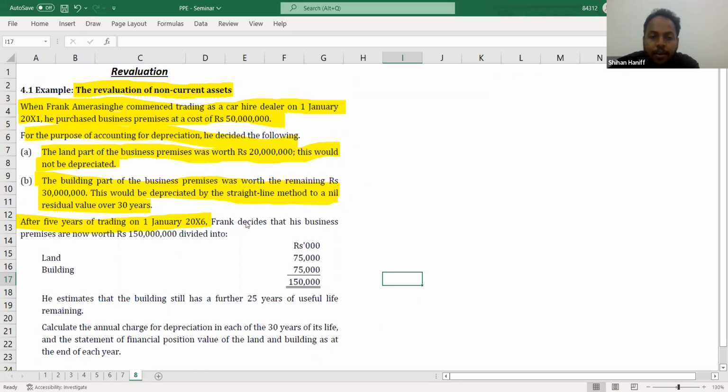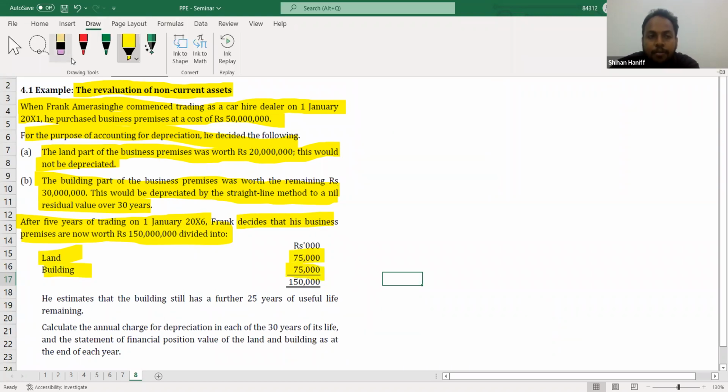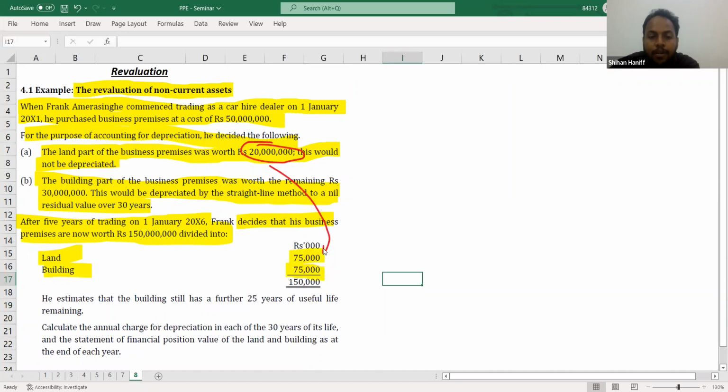Frank decided that his business premises are now worth 150 million, divided into land of 75 million and building of 75 million. Earlier the land was 20 million, now it's 75 million. Earlier the building was 30 million; after depreciating for 5 years, now it's 75 million.